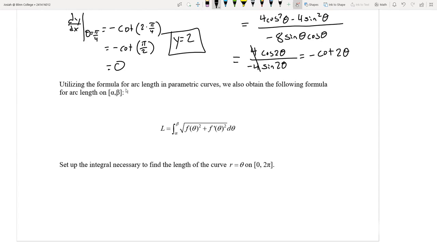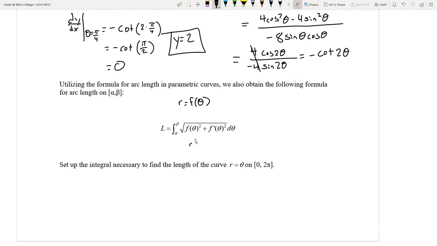So remember that we do have the formula for arc length in parametric curves, and now we just have our parametric curve given in r and theta instead. And so for an arc length on alpha to beta, here's going to be our formula. We've got f of theta, remember that that's r.